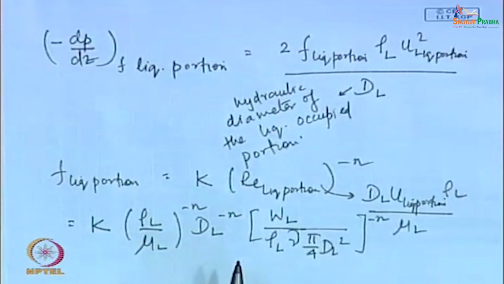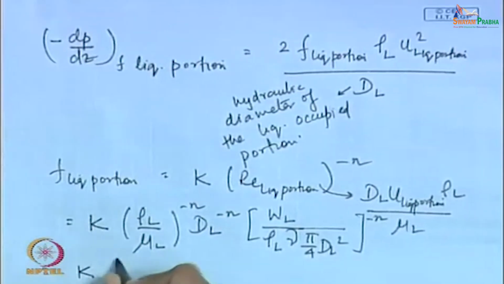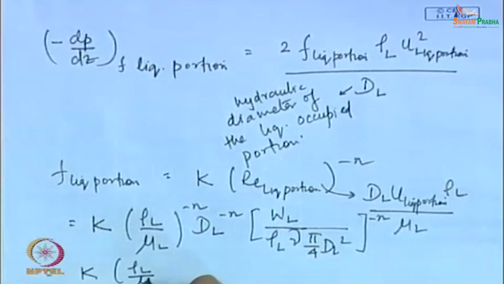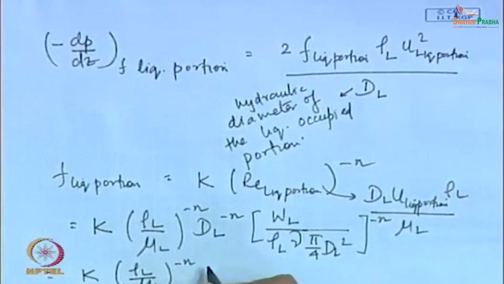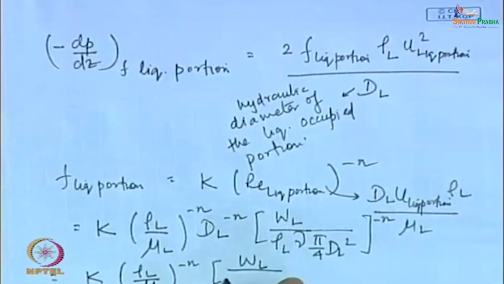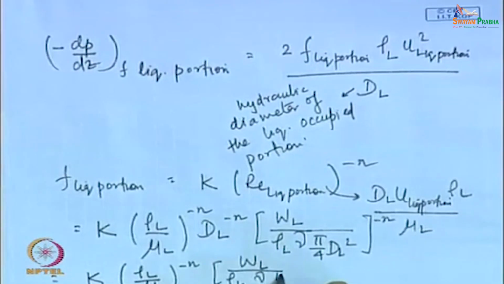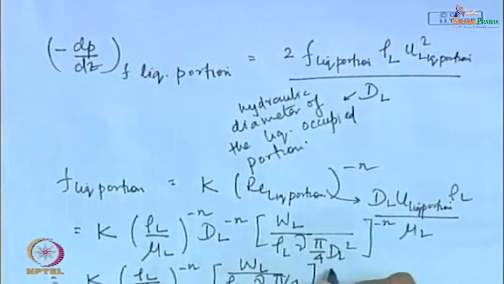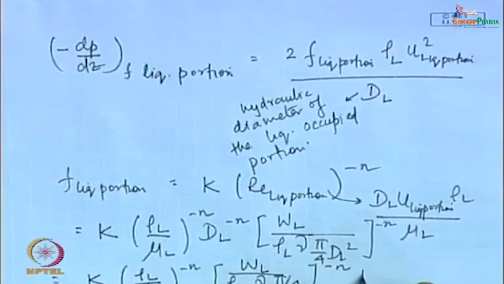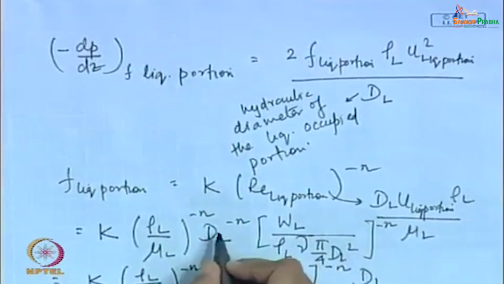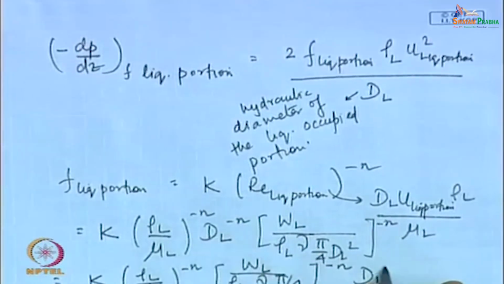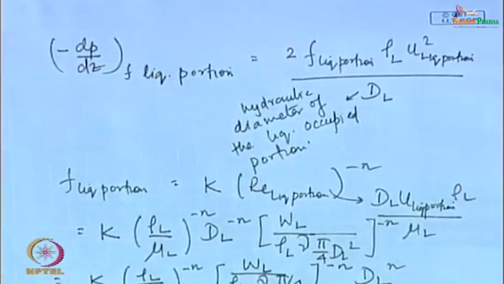Clear to all of you? In other words, with some simplifications, this can be written down as W L by rho L gamma pi by 4 whole to the power minus n, dL to the power minus 2 plus 2n minus n. So, it becomes dL to the power n, correct. So, this is for the friction factor.